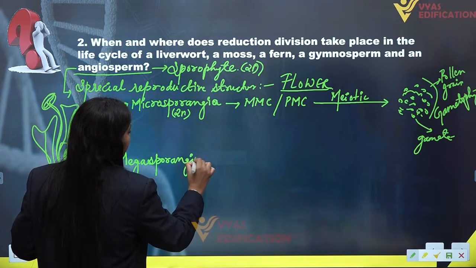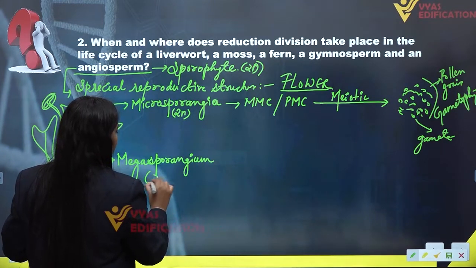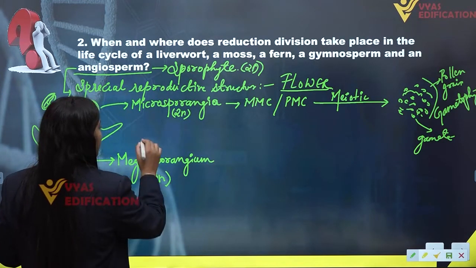Megasporangium, which is also diploid, and this is ovule.